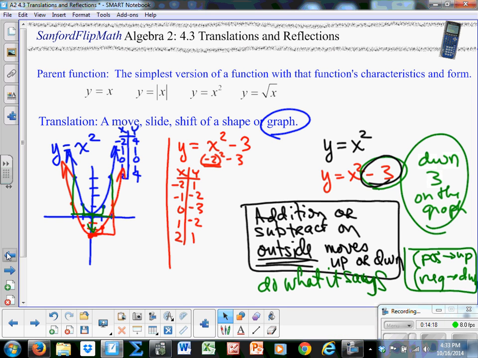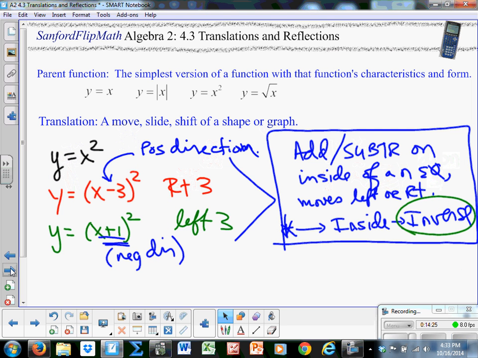So on the outside, you do what it says. On the inside, you do the inverse. Big deal, huge deal, very important. The reflection thing is not going to happen in this video, but that's okay. We'll catch it with the next video.